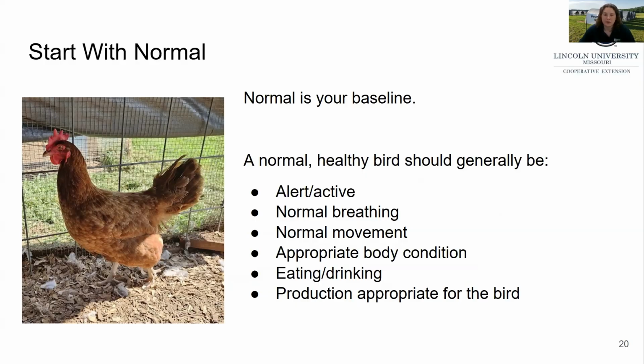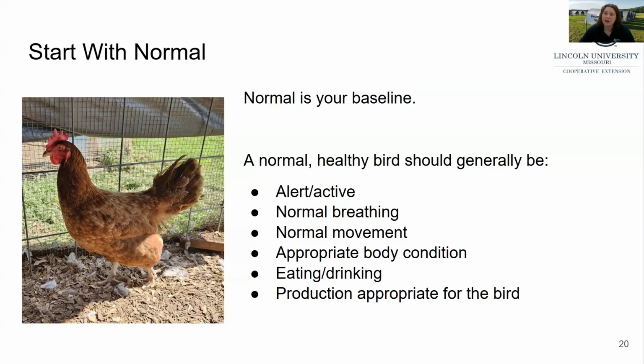So a normal, healthy bird should be alert and active, breathing normally, moving normally. We can expect an appropriate body condition, and we expect the bird to be eating and drinking. For production birds, we might also want to consider whether production is appropriate for that particular bird. And these are fairly basic things that we can look at when we're trying to decide whether something has changed.